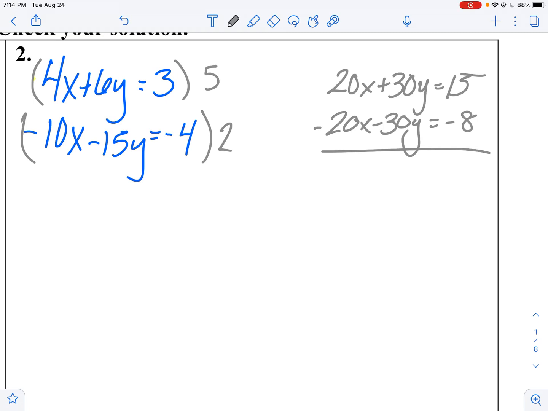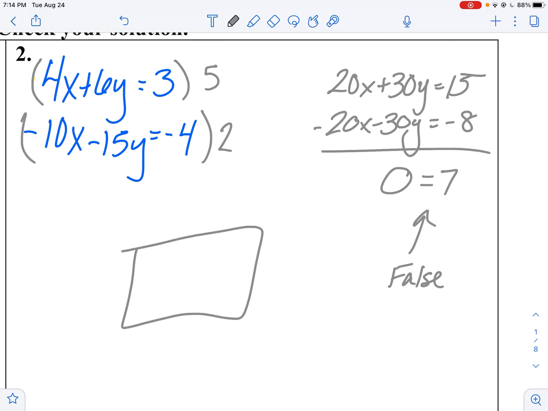And when you simplify, you get 0 equals 7. And I know that that right there is a false statement. 0 never equals 7. So this must be no solution.